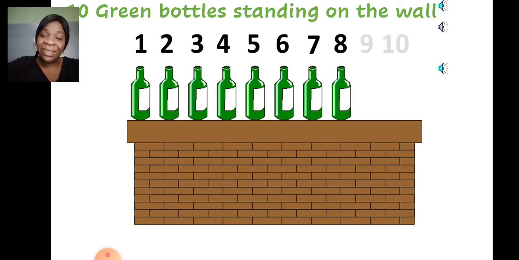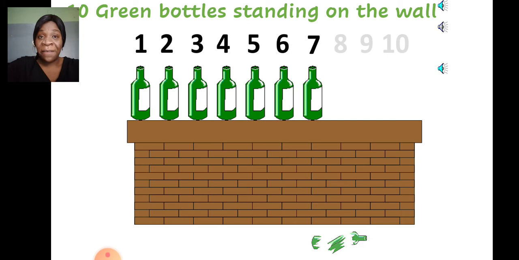8 green bottles standing on the wall. And if one green bottle should accidentally fall, there'll be how many left? You're right, there'll be 7 green bottles standing on the wall. 7 green bottles standing on the wall.